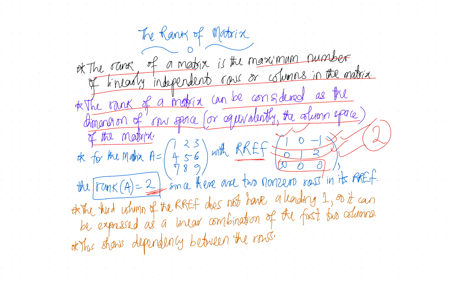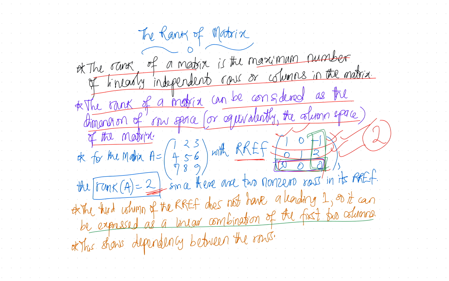All right. So again, the third column of the RREF does not have a leading one. So because this third column does not have a leading one, it can be expressed as a linear combination of the first 2 columns.